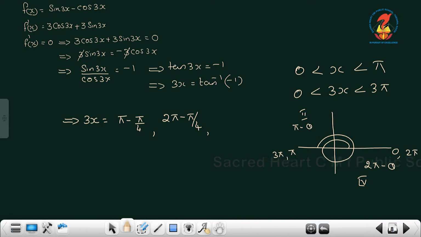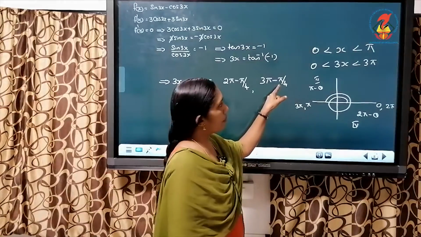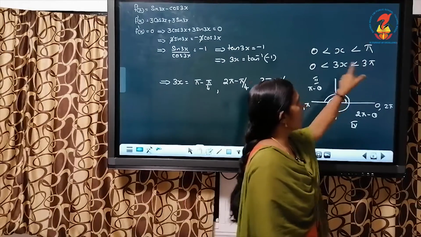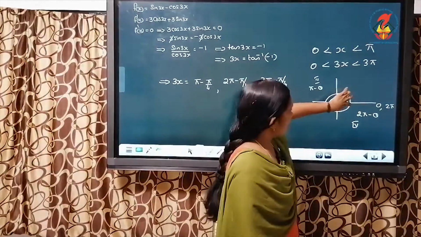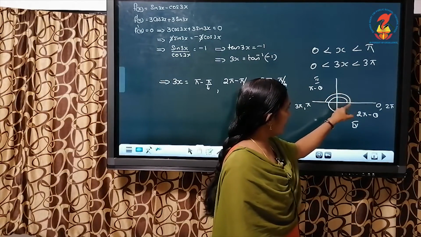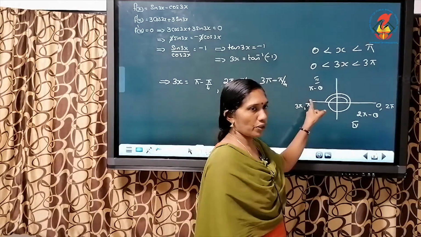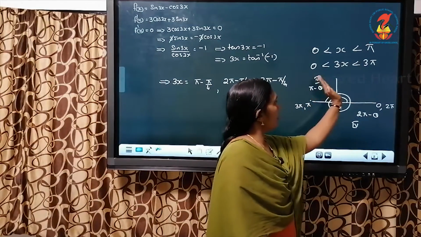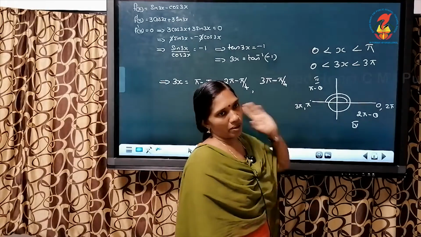Then one more value, that is 3 pi minus pi by 4. Understood, children, why we take this 3 pi minus pi by 4? Since in the range 0 to 3 pi, 0 to 2 pi is one rotation. 3 pi means again you have to take 180 degrees. So this second quadrant means it is 3 pi minus pi by 4.